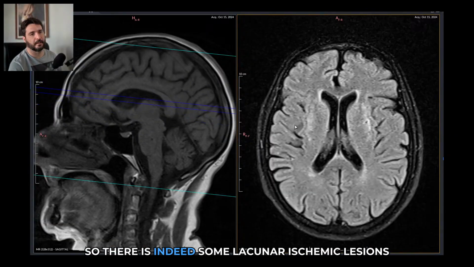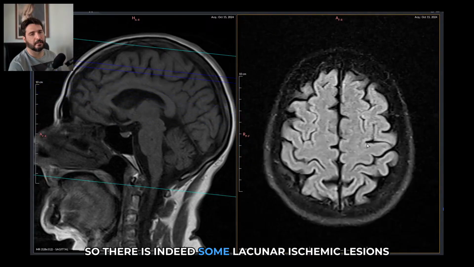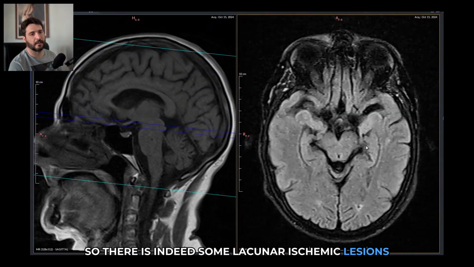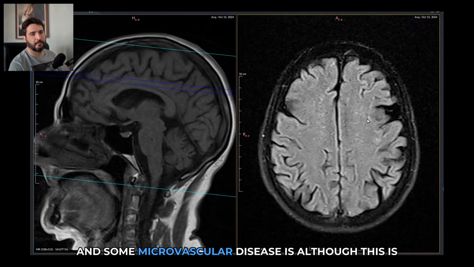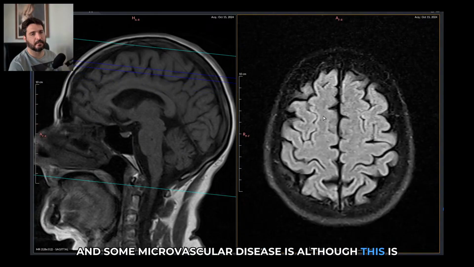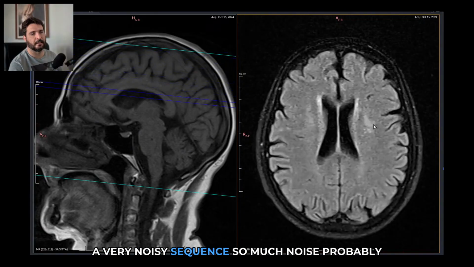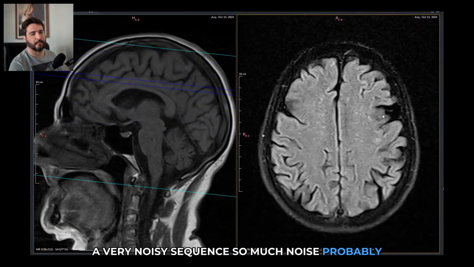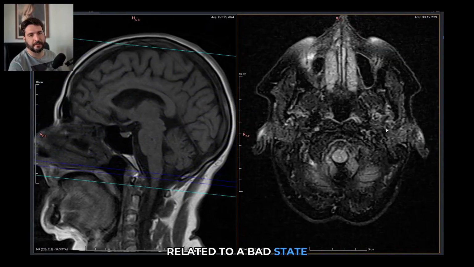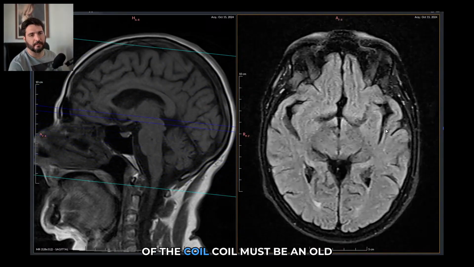So there are indeed some lacunar ischemic lesions and some microvascular disease, although this is a very noisy sequence. So much noise, probably related to a bad state of the coil.